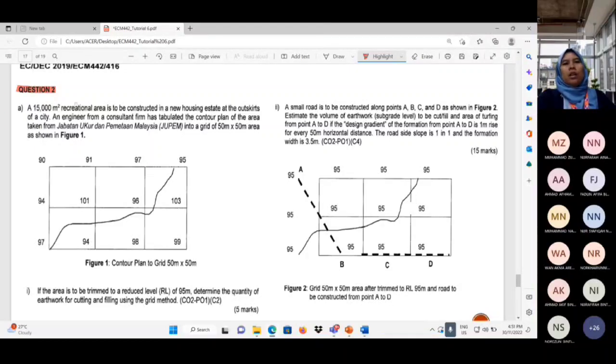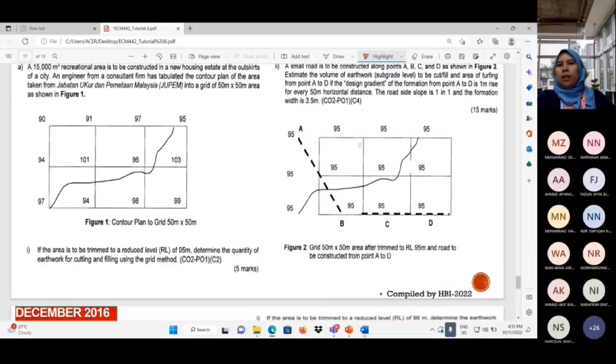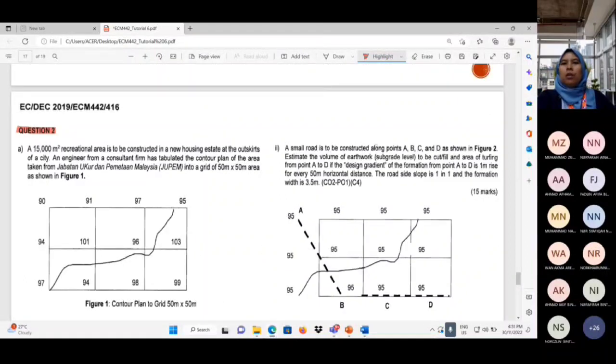Okay. Following from that question, you are asked, it says here, a small road is to be constructed along point A, B, C and D. Estimate the volume of earth, subgrade level to be cut or fill and area of turfing from point A to D if the design gradient of the formation from point A to D is 1 meter rise for every 15 meter horizontal distance.